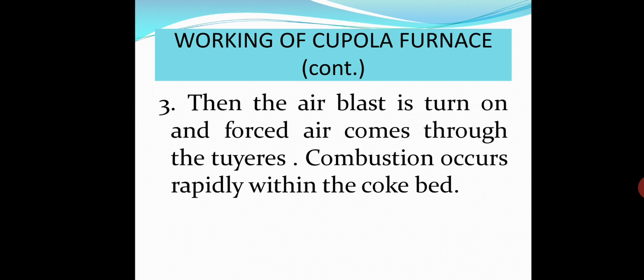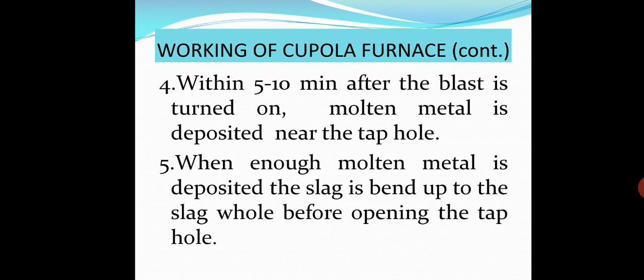Once a sufficient amount of air comes into the combustion chamber, combustion occurs rapidly within the coke bed. Once combustion has started, within 5 to 10 minutes after the blast is turned on, molten metal is deposited near the metal tap hole.